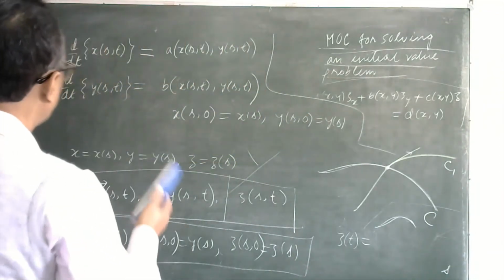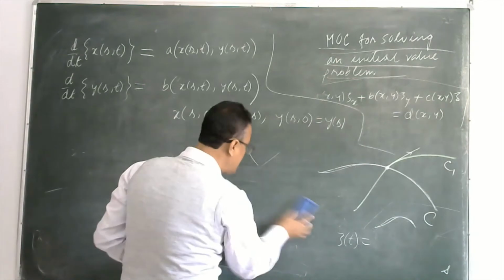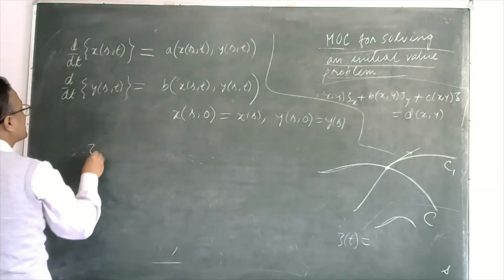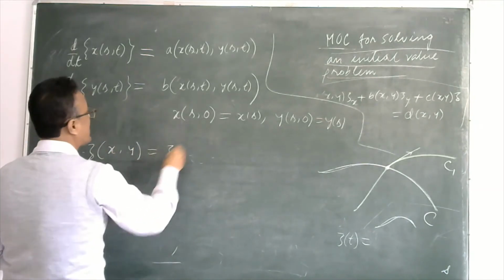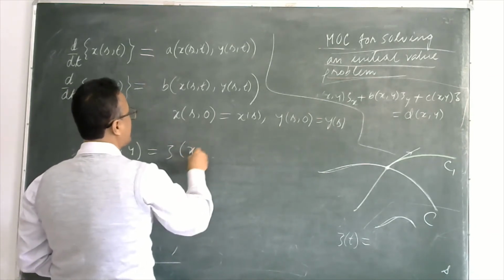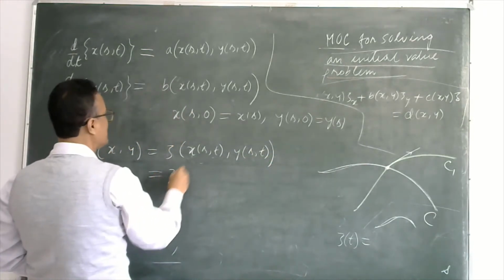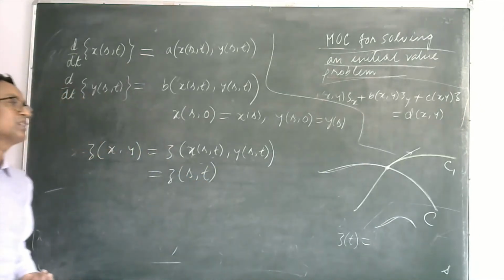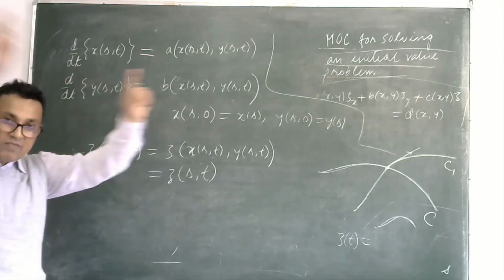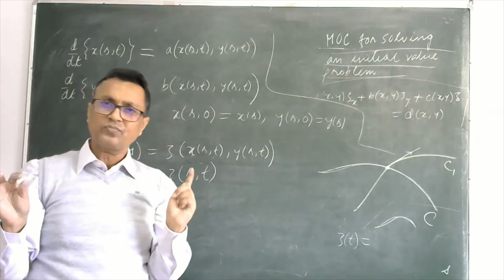So now what is happening? Along each of those characteristic curves, my J as a function of x, y has reduced to simply this: x as a function of s, t, y as a function of s, t, right? So eventually z has also reduced to a function of s and t along each characteristic curve, which is eventually going to embed the whole solution surface. Is it fine?